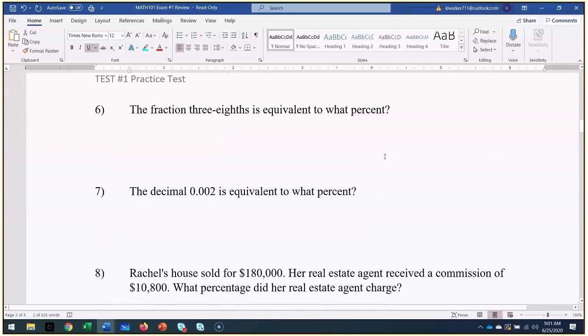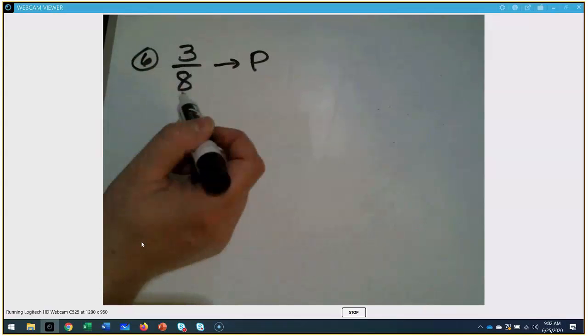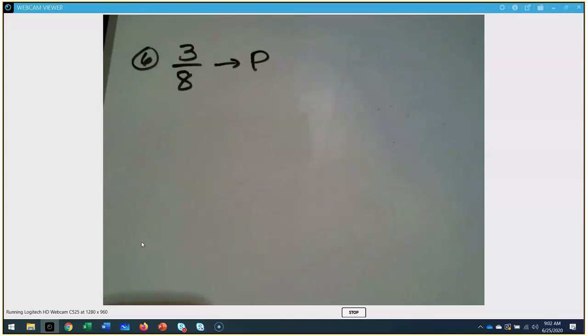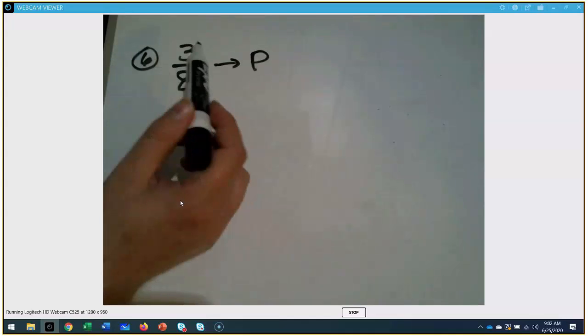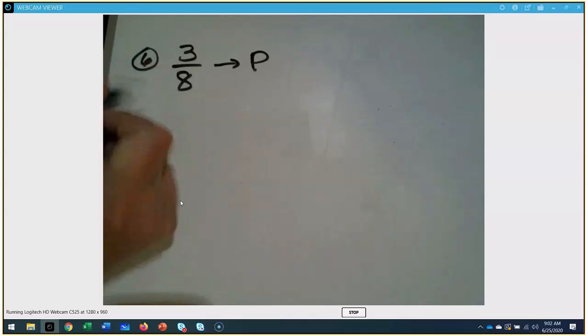All right, the fraction 3/8 is equivalent to what percent? So here's our fraction 3/8, and they want this in percent form. So if you go back to the notes where we started talking about converting back and forth, what it says in the directions is to divide your numerator by your denominator first.